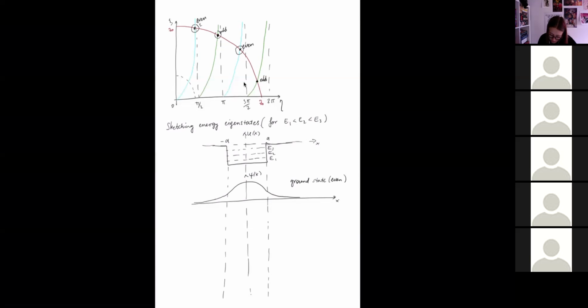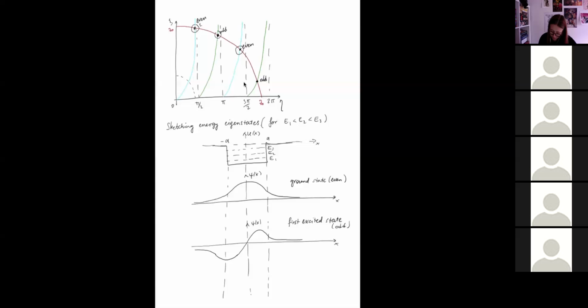Then for the second state, it's odd. So on the outskirts, we again have the decaying exponential. In the well here, we have a cosine, and then we have a sine, and then we have a decaying exponential again. So this is the first excited state, which is odd.